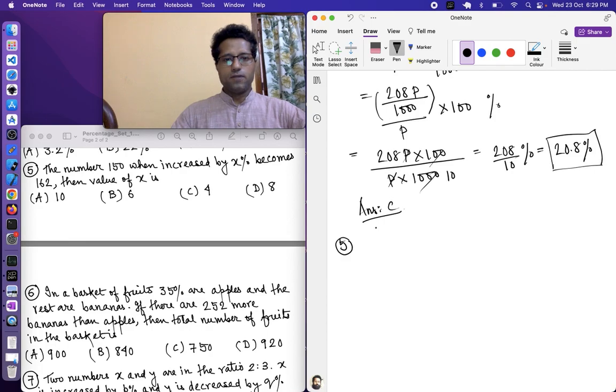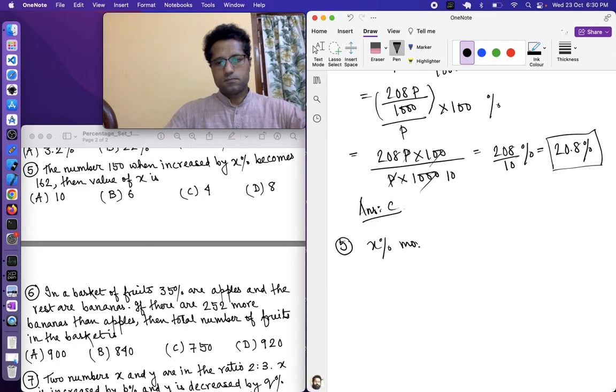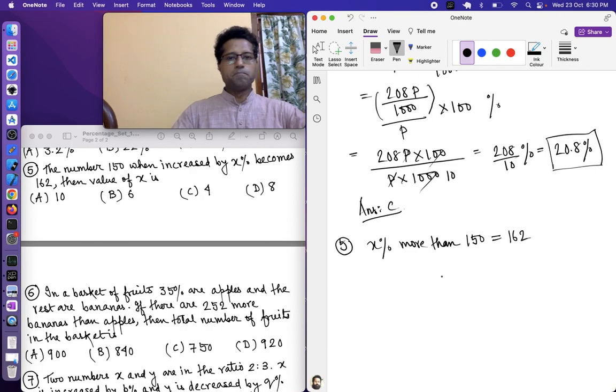If we translate the problem statement into mathematical form, it means x% more than 150 is equal to 162, because the number 150 is increased by x%, which means the number which is x% more than 150 is 162.